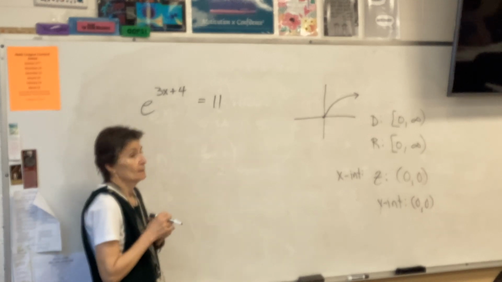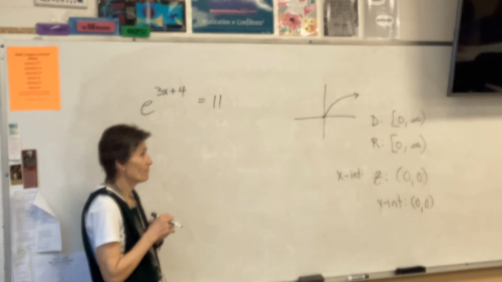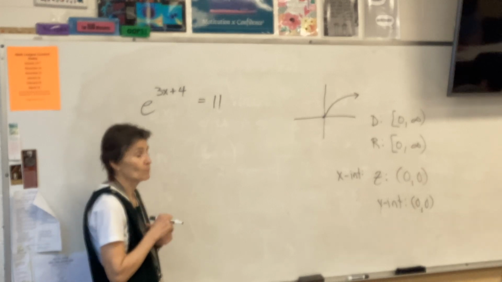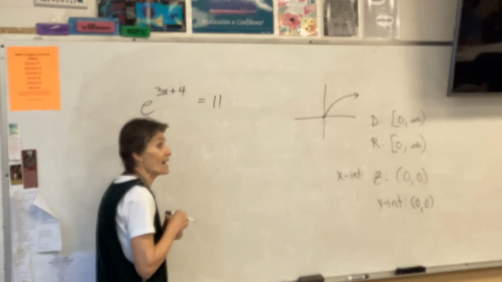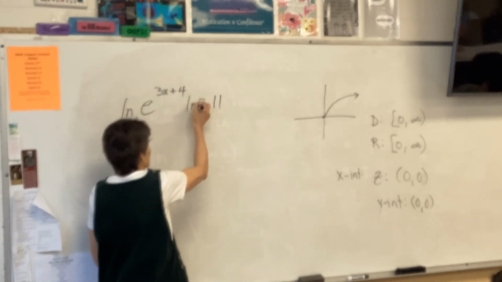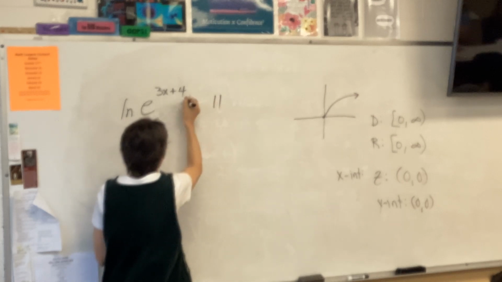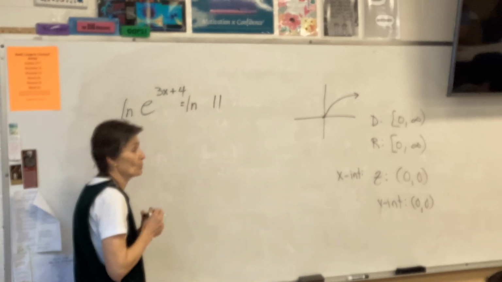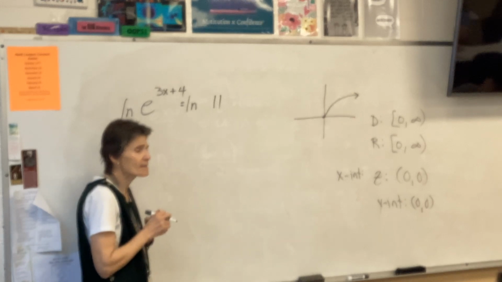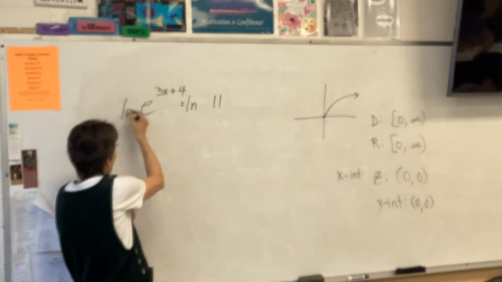Okay, help me. Who remembers how we solved something like this? I'm going to take the natural logarithm of both sides. Take the natural logarithm of both sides. What good does that do? That's gone.